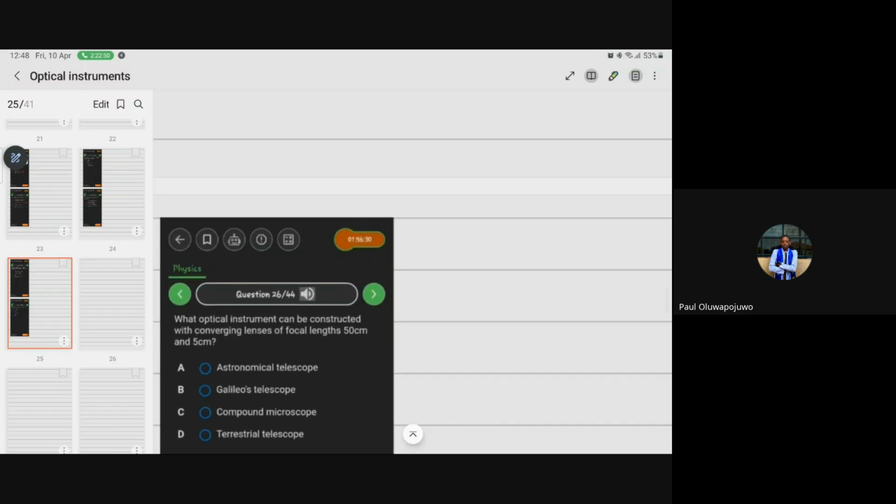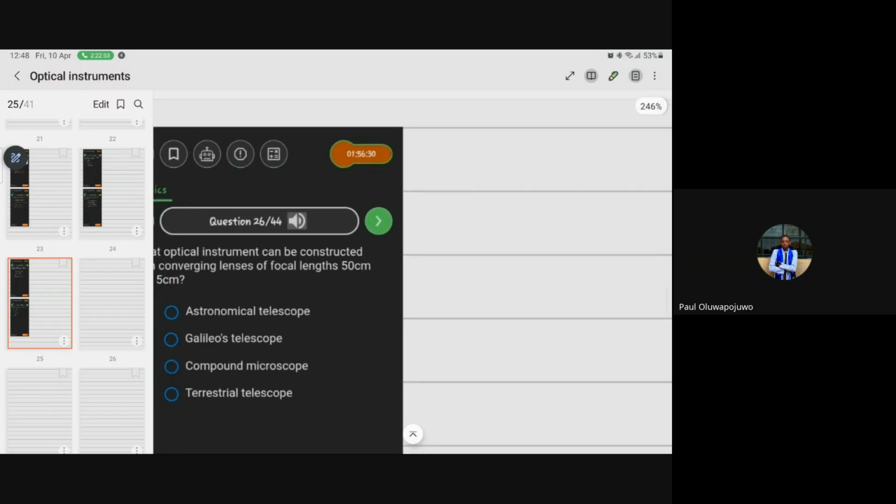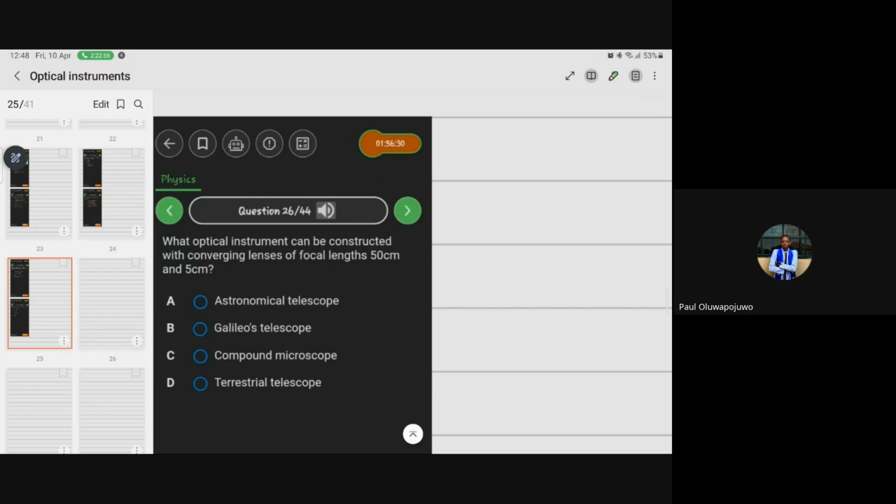Then this question of focal length: is it astronomical telescope, Galileo telescope, compound microscope or terrestrial telescope? Meso, which one are you taking? A, astronomical telescope. Yes. One of the focal lengths is long, while the other one is short. Thank you so much. You are very good at theory.